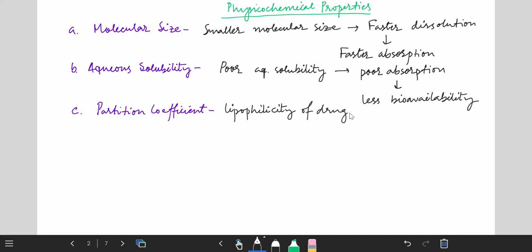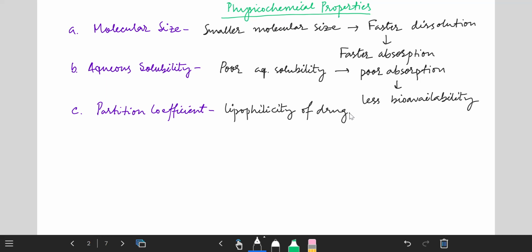If a drug has a partition coefficient or lipophilicity, it obviously represents the permeability through the biological membrane.